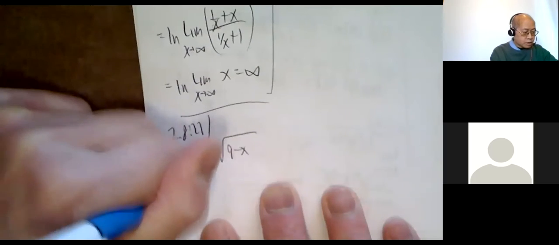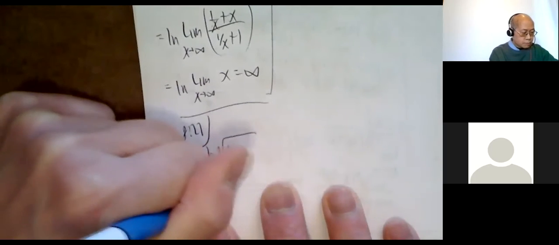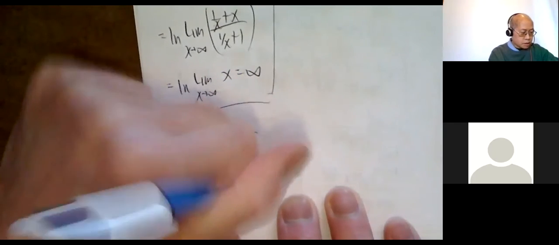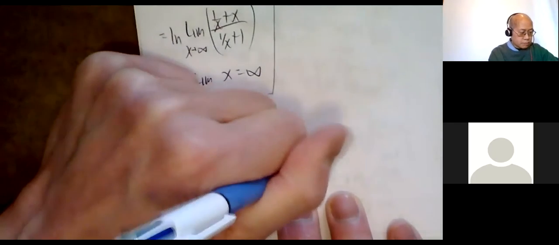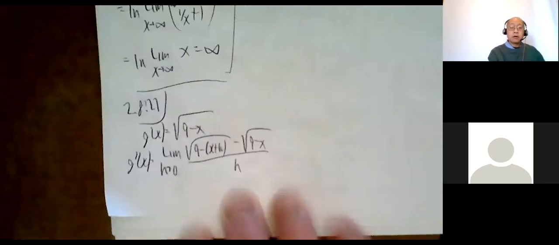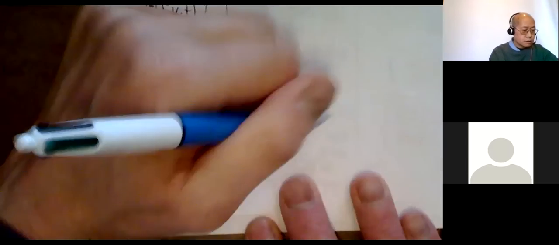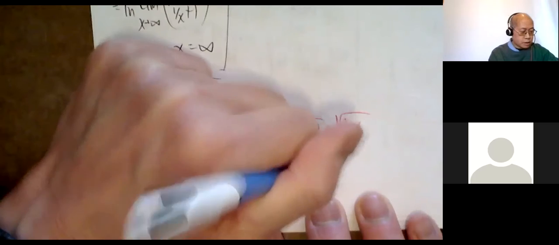Okay, g prime of x is the limit as h approaches 0 of radical 9 minus x plus h, minus radical 9 minus x, all over h. Multiply by the conjugate: radical 9 minus parentheses x plus h, plus radical 9 minus x.